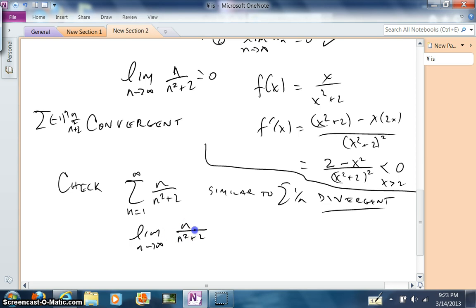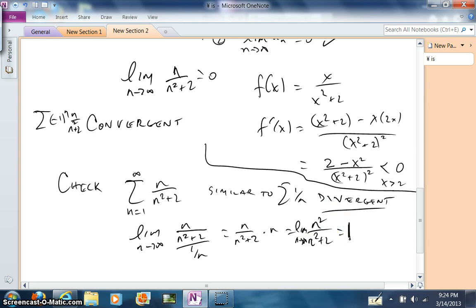I'll still write all that down, but if you're getting ready for an exam, you want to look for those kinds of things, because this is confusing to look at when you're in an exam. So if you can avoid it, just say, well, that's the same as multiplying by n. So that's n squared over n squared plus 2. You're taking the limit here, and that's equal to 1.